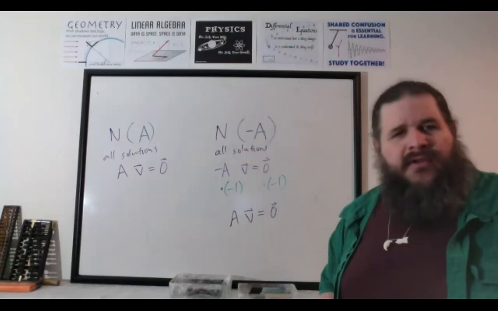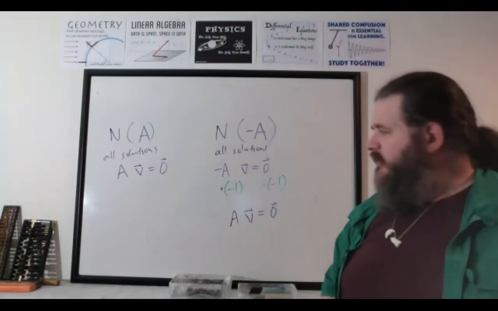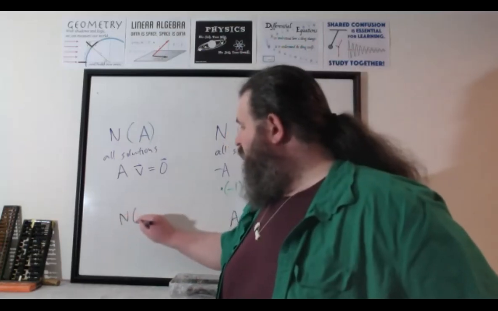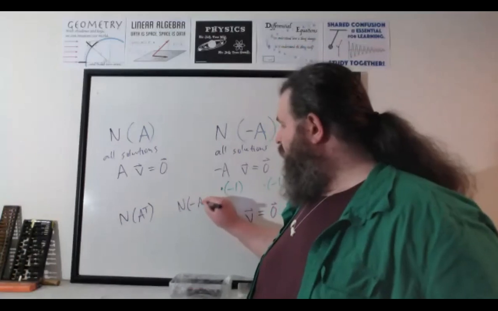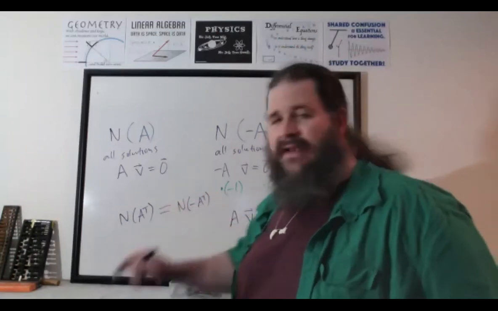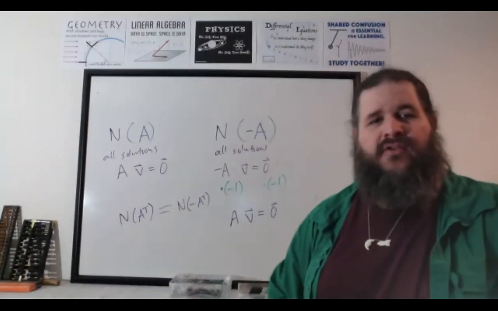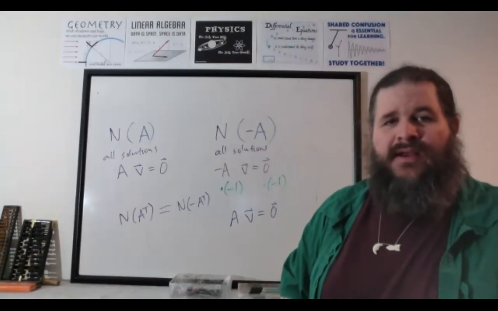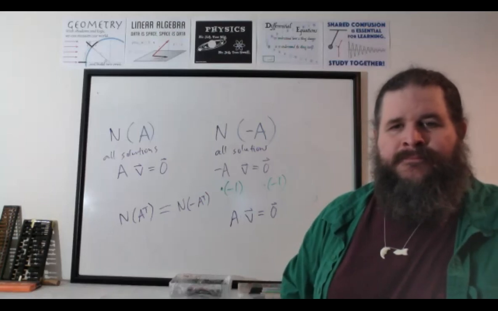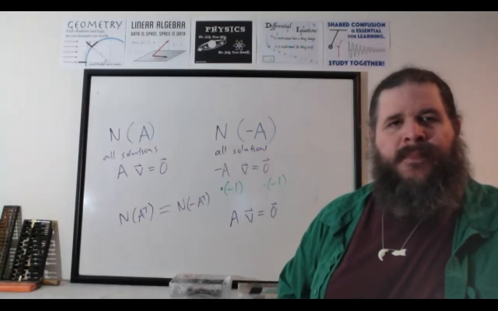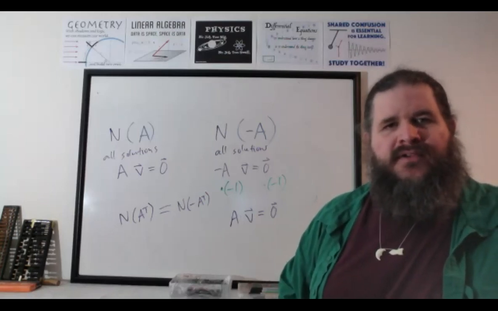And then I think the same argument applies to the left null space also, because the left null space is just the null space of A transpose. And then the null space of negative A transpose is going to be identical by the same argument. The extra negative multiplier doesn't change whether it multiplies to 0 or not. Any other questions on that so far?